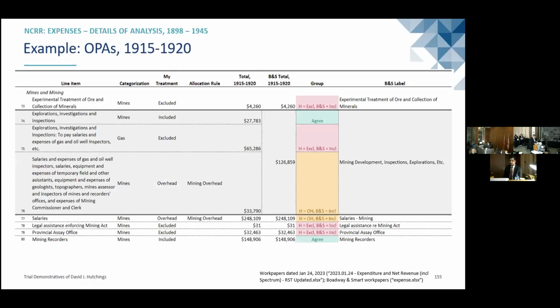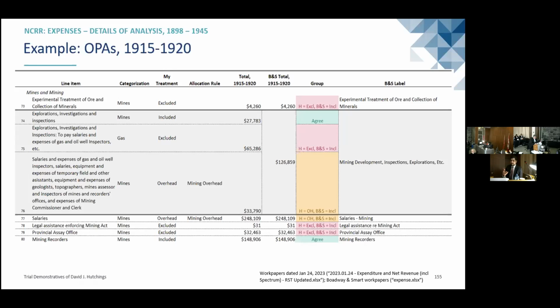Now you'll notice at the top left corner of this slide, 155, italicized are the words mines and mining, which means if we were reading these public accounts, we would see that there's a new tab and we're talking about mines and mining. The first item here, line item 73, is the experimental treatment of ore and collection of minerals.